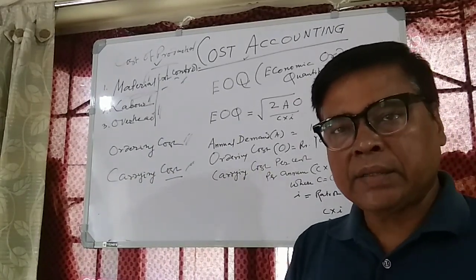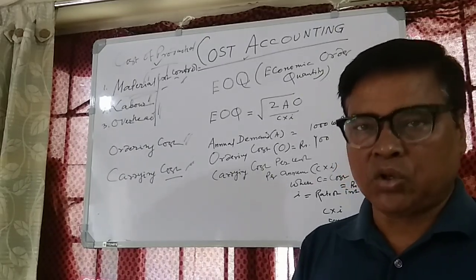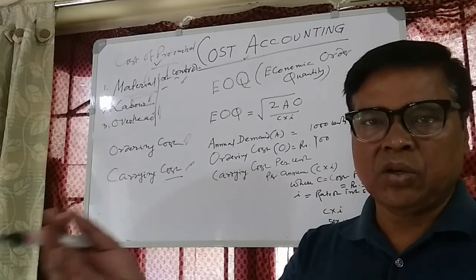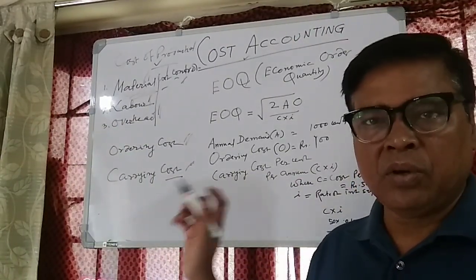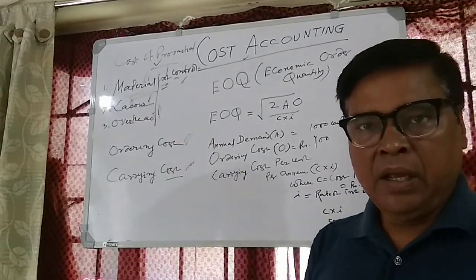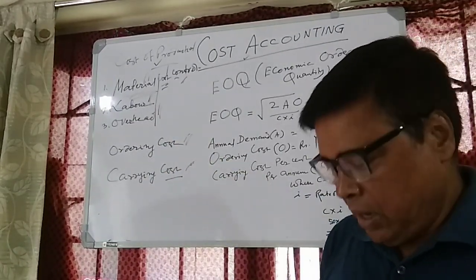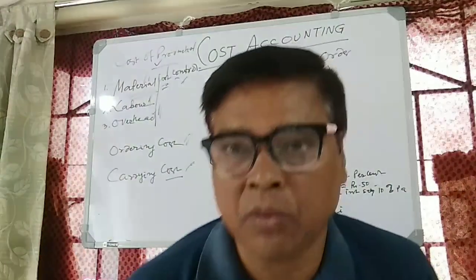If you store more material at a time, your unnecessary working capital will be blocked. You know that every capital has some cost, either general interest cost or carrying cost, and everything will be part of the material cost. To avoid that, we use a technique, the economic order quantity.